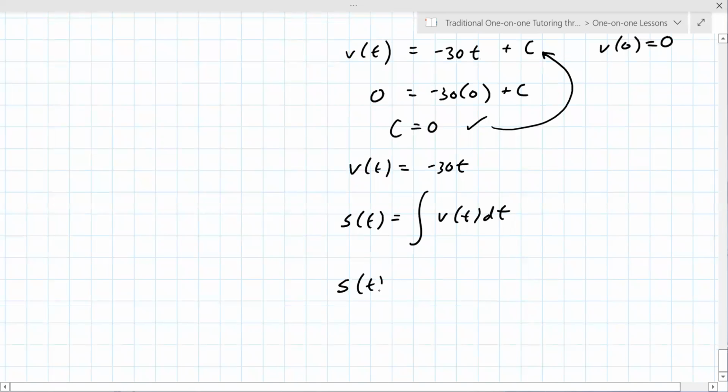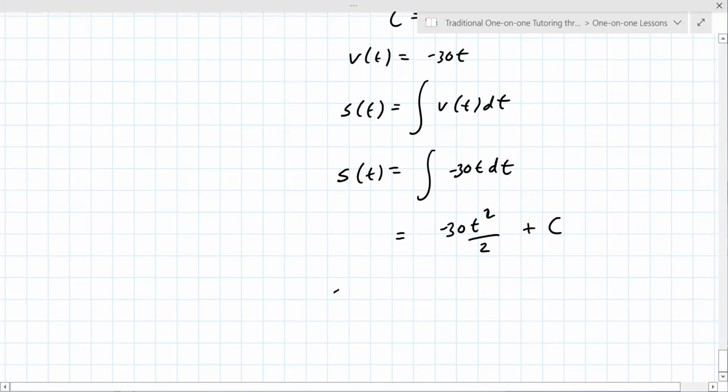So you just plug in your equation there. You've got v of t is minus 30t dt. Use those integral rules we've been talking about, where you add 1 to the exponent and divide by the new exponent, plus c. So your s of t is minus 15t squared plus c.